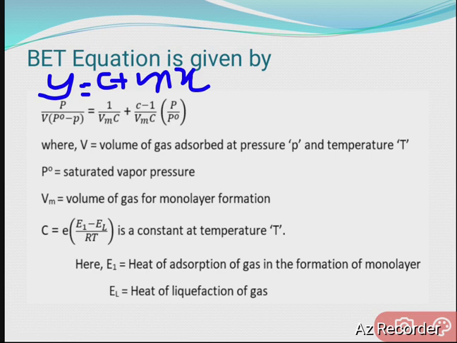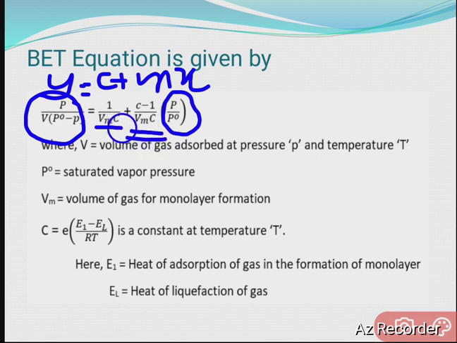Here this is the y axis component and this is the x axis component, and here m is the slope and c is the intercept on the y axis. From this the slope value is (C minus 1) divided by Vm C, and the y axis intercept is given by 1 divided by Vm C.